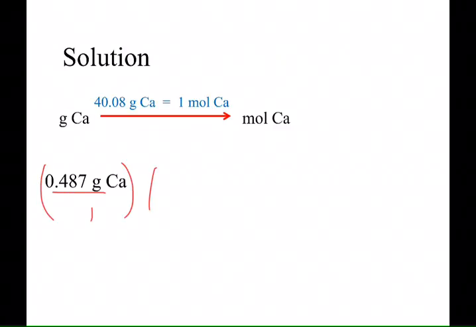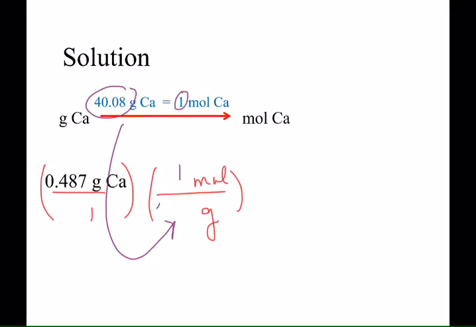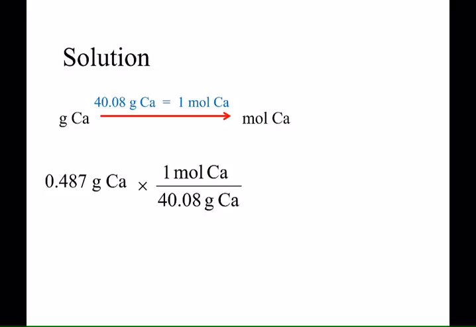And then do you see where I would put in my units? I want grams to cancel. I want to be left with moles. So do you see where I would put 1 mole up here and 40.08 grams down here? Does that work? I think so. Units of grams cancel. We're left with units of moles.